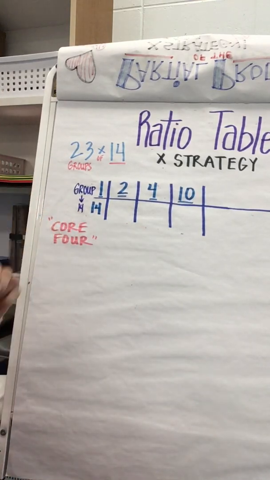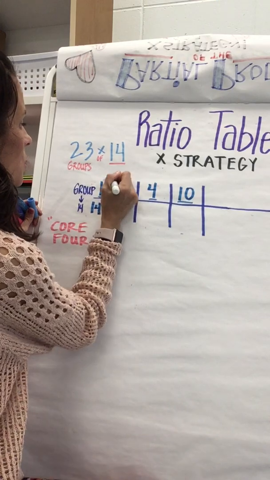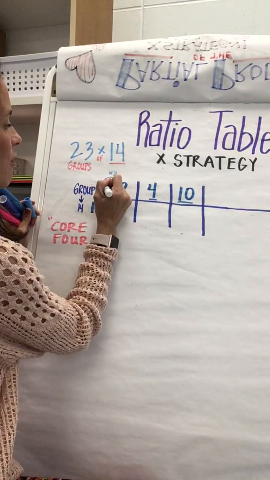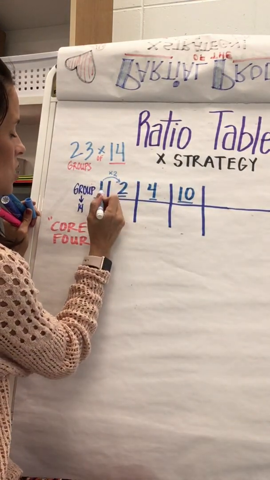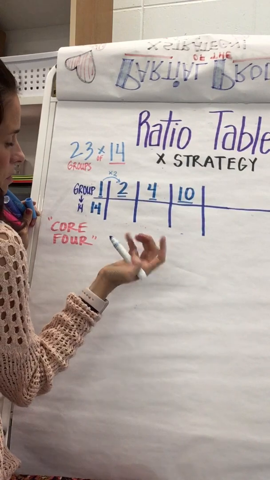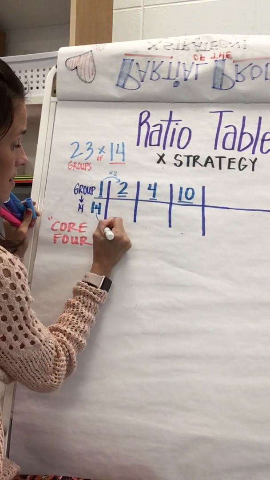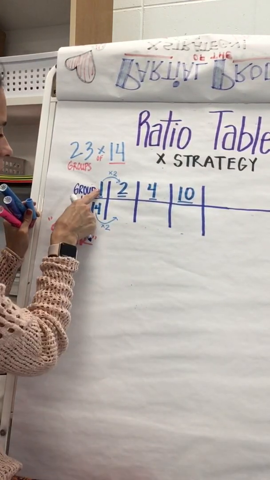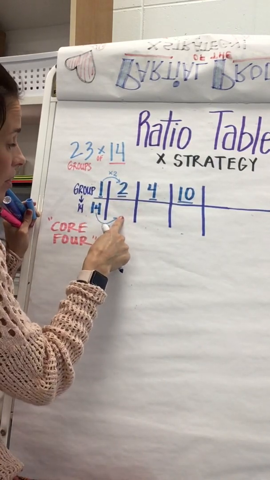If you look, how do you get from 1 to 2? You double it, or multiply it by 2. Whatever you do to the top of a ratio table, you do to the bottom. So to get from 14 to this space, I can just follow that rule and double. Also, one group of 14 is 14, so two groups must be double that.